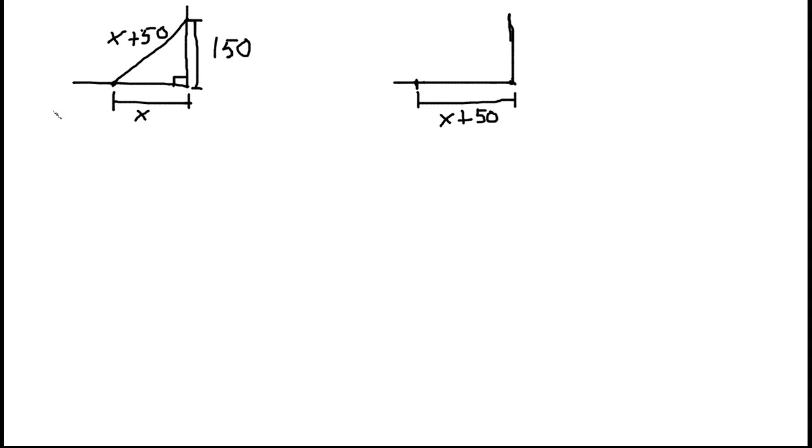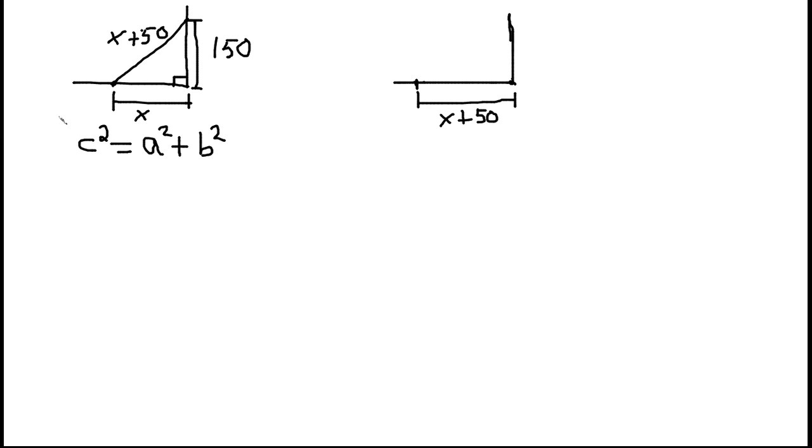So we will represent that theorem by this formula: c squared, c is the length of the hypotenuse, is equal to a squared, a is one of the legs of the right triangle, plus b squared, and b is also a leg of the right triangle.